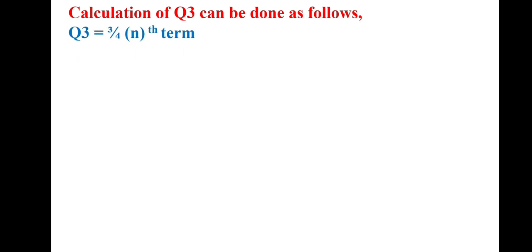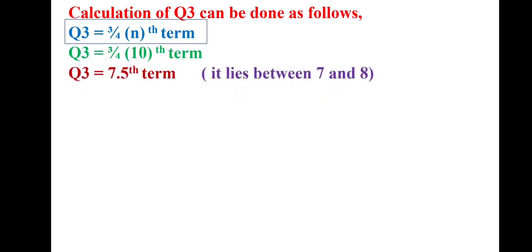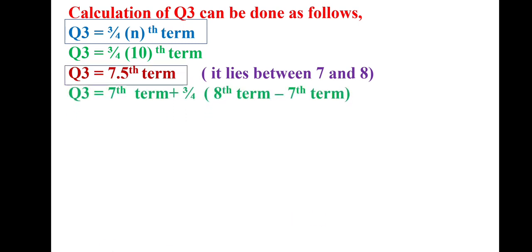The Q3 formula is 3/4 of the (n plus 1)th term. We'll get 7.5. 7.5 lies between 7 and 8. So the 7th term plus 3/4 of the 8th term minus the 7th term. Here the 7th term is 175, the 8th term is 177.